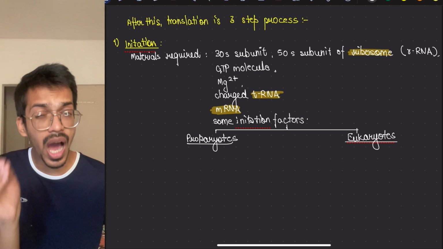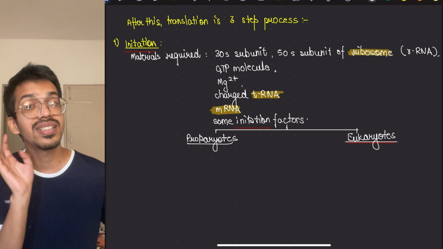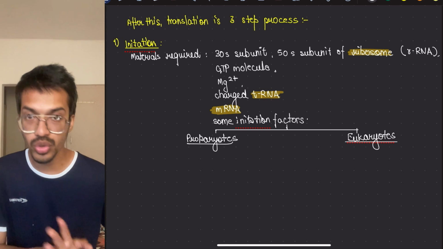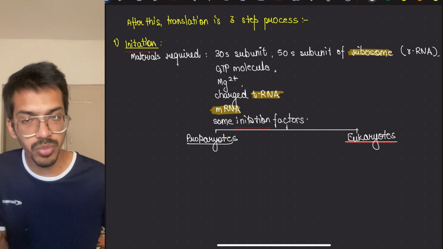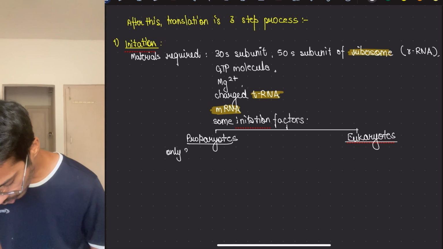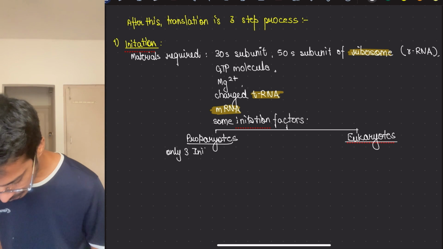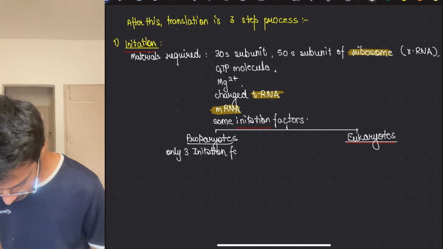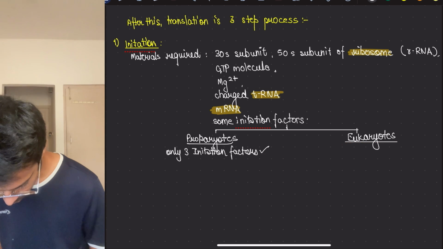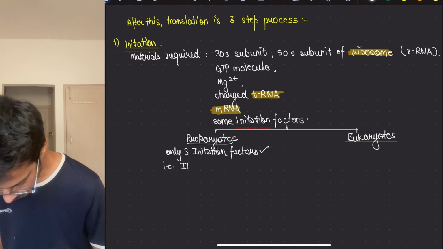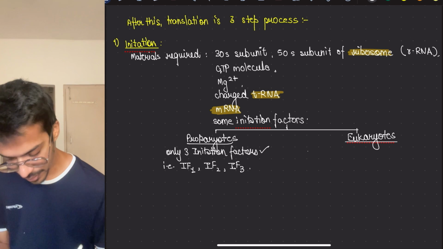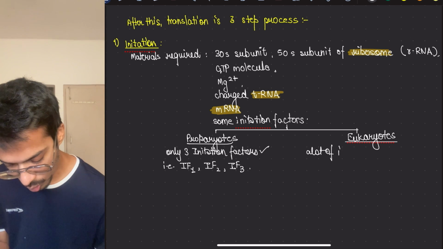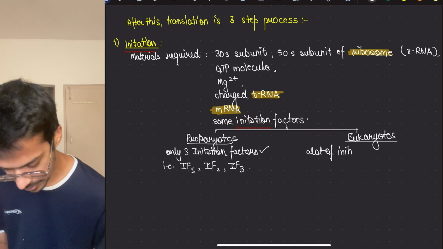Even just the RBC has what? It has 10 initiation factors present. So eukaryotes have a lot of initiation factors because of the complexity of the body. Only 3 initiation factors are present in prokaryotes, that is initiation factor 1, initiation factor 2 and initiation factor 3, whereas a lot of initiation factors are present in eukaryotes.